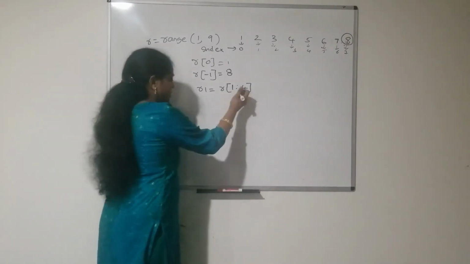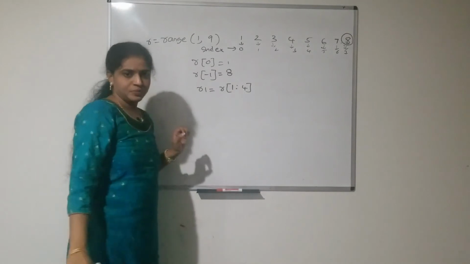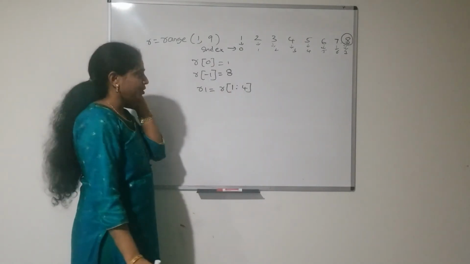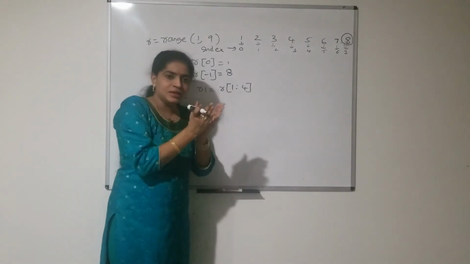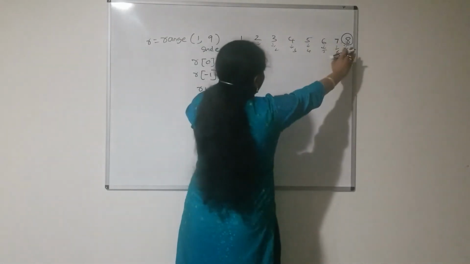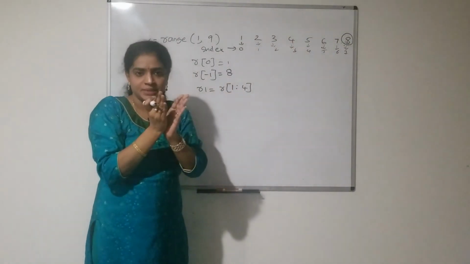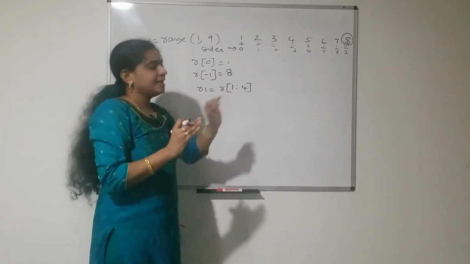In slicing operation you have to give colon between two index values. So what will be the output? If I want some subset of numbers within this range, then I have to go for slice operation.